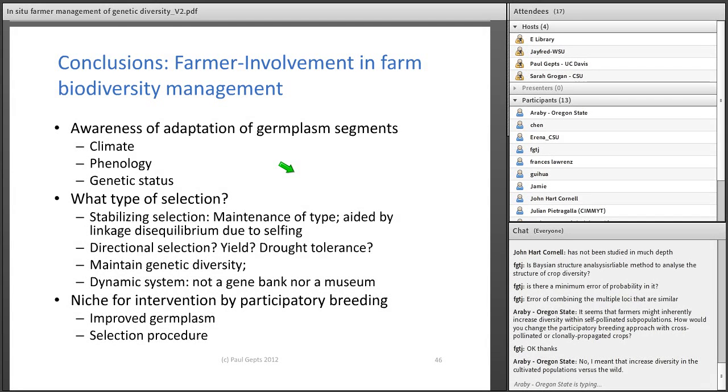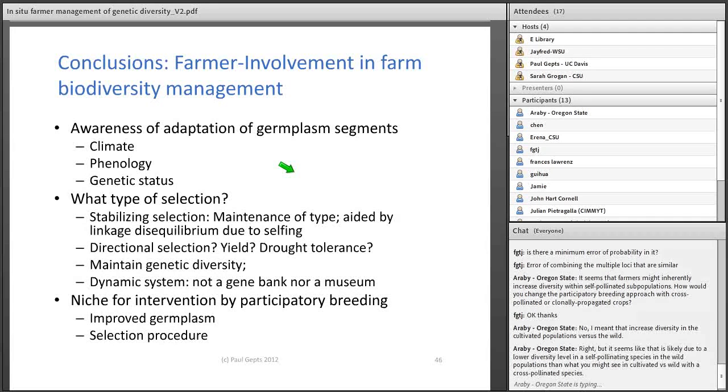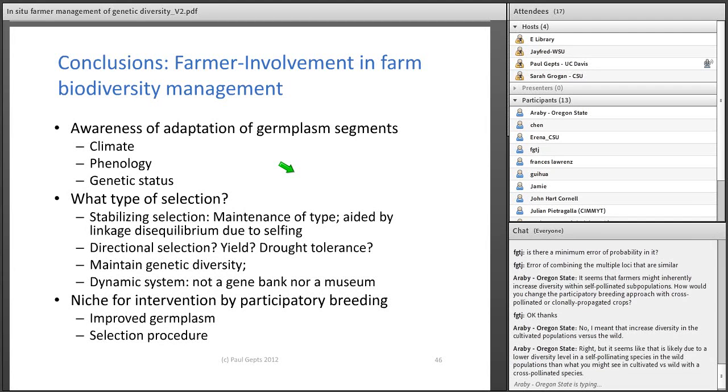There we had very few loci, and there is a very strong separation between Andean and Mesoamerican groups, to the point where if you want to do linkage disequilibrium studies, you have to do it separately in the Andean and the Mesoamerican group. Otherwise, you just have too many errors. But within the Mesoamerican and within the Andean, actually, the linkage disequilibrium is decreased considerably.